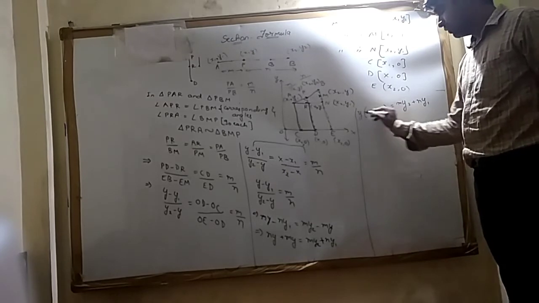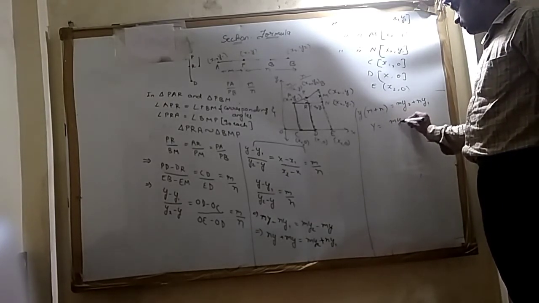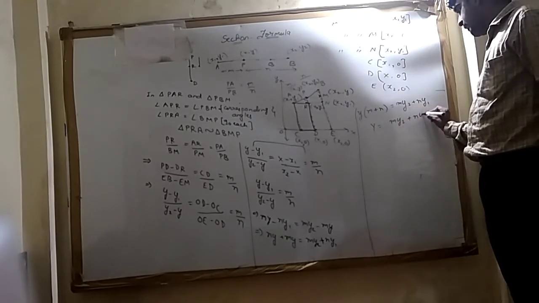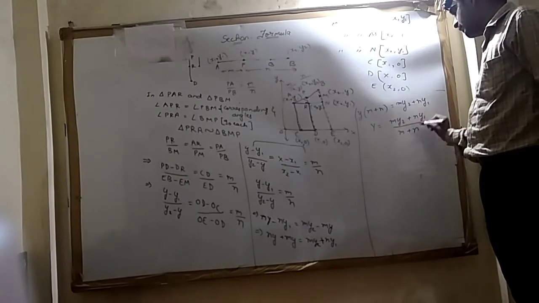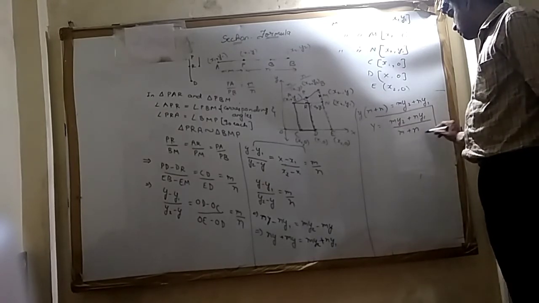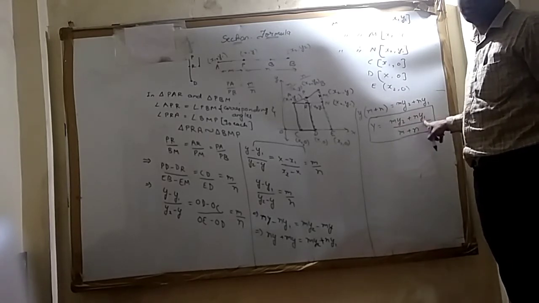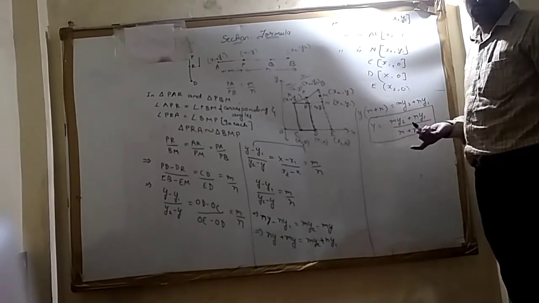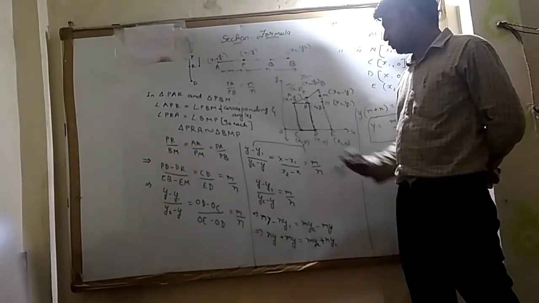So therefore, when we find this y, what we get is my2 plus n y1 upon m plus n. So this is the section formula for finding the y coordinate, where m and n are the ratios.